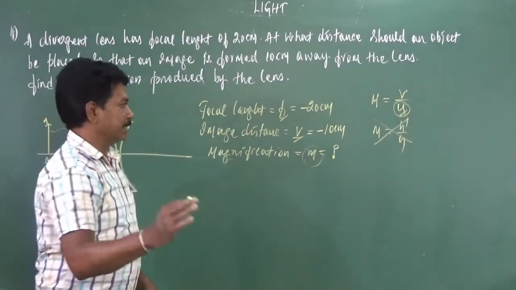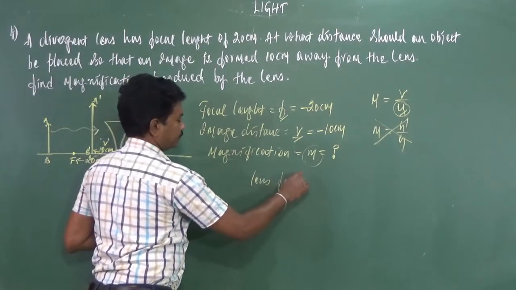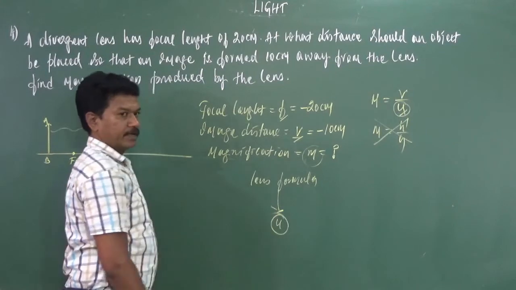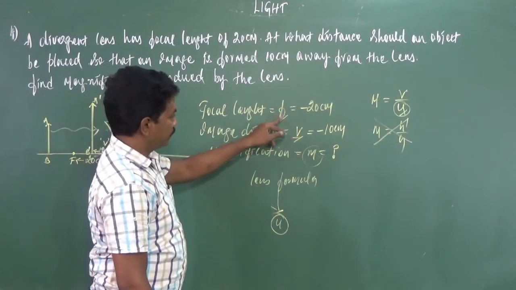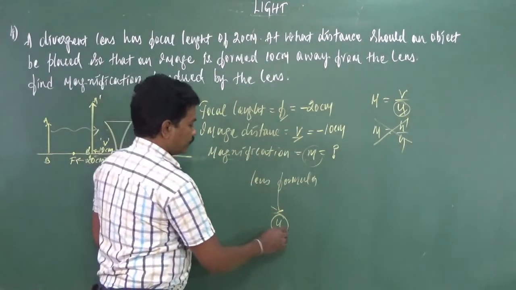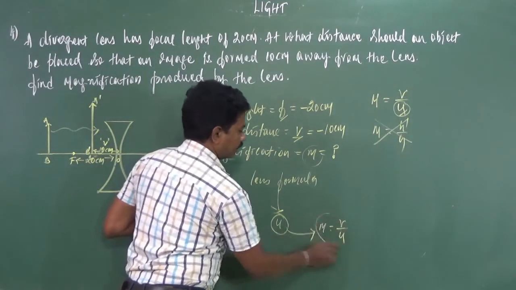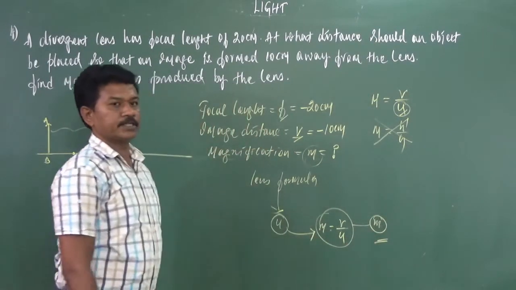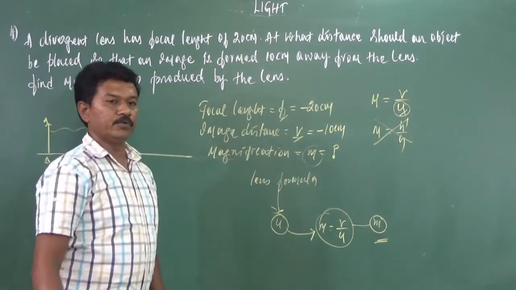So take the help of the lens formula and find out the value of U, because you have F and V. As you find the value of U, apply the formula M is equal to V by U and then find the value of M. So this is how we have to reach M. This problem I am leaving to you as homework.